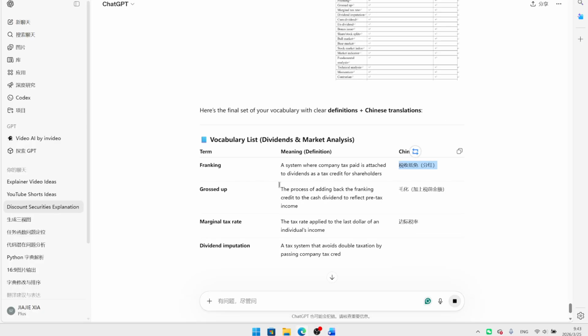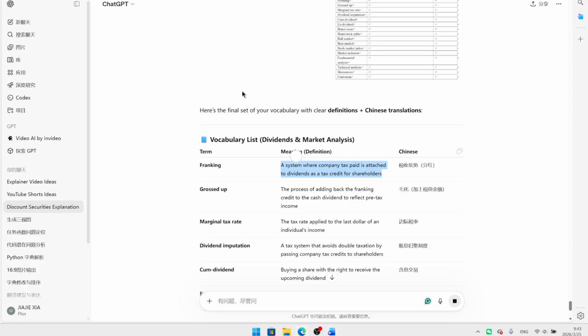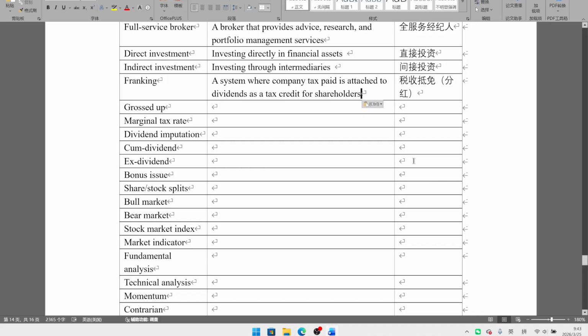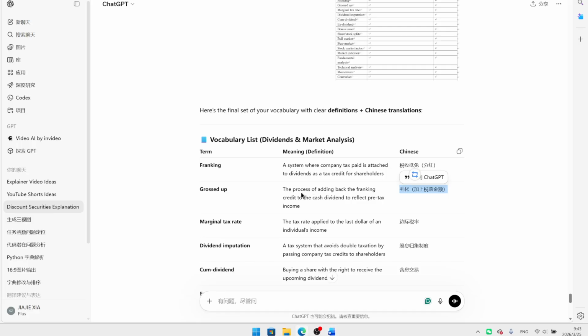Franking is a system where company taxpayers attach to dividends a tax credit for shareholders.